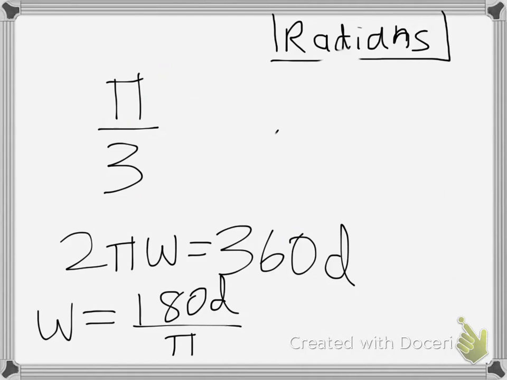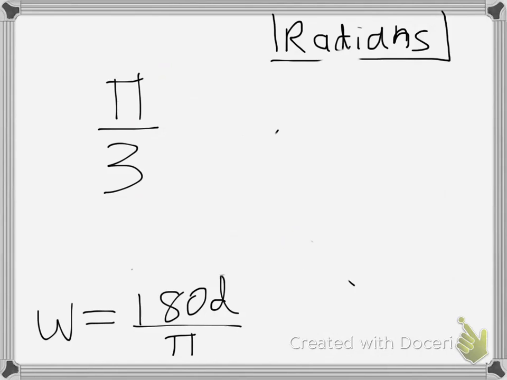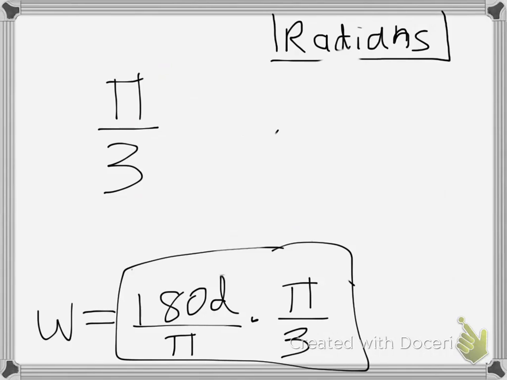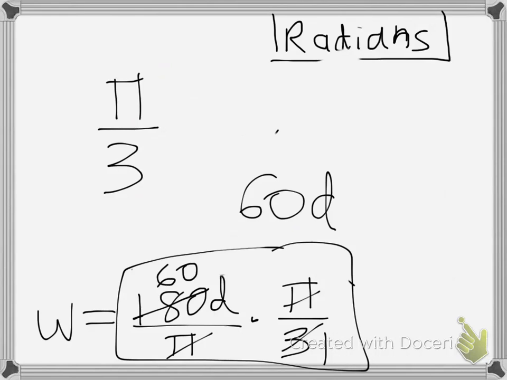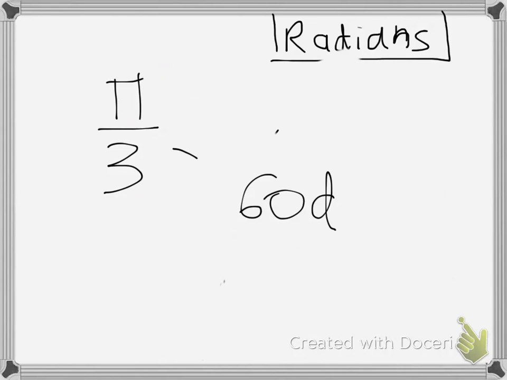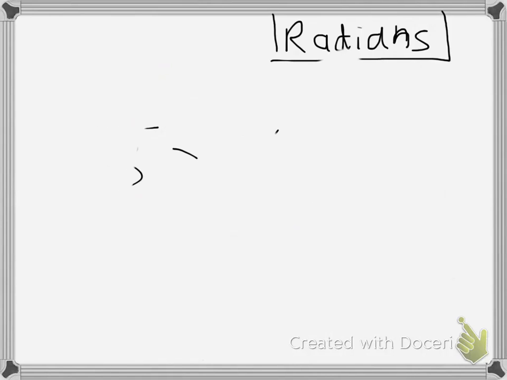So pi over 3 radians would be pi over 3 times this many degrees. So we cancel out the pi's. Then we divide this by 3, so we get 60. This divided by 3 is 1, so we get 60 degrees. So that means pi over 3 radians equals 60 degrees. So that's an example of converting from radians to degrees.